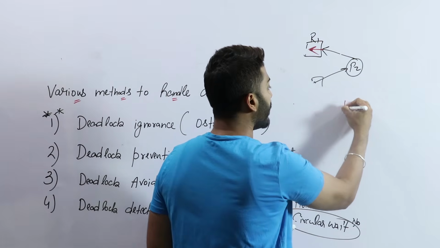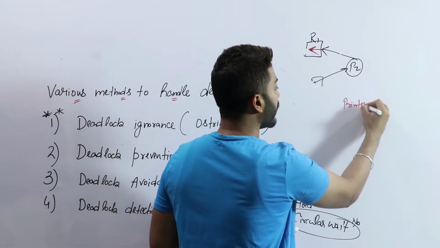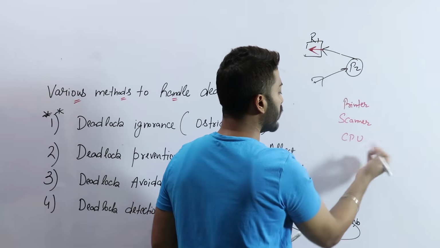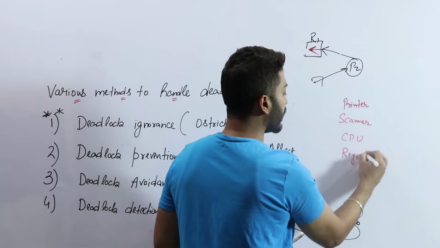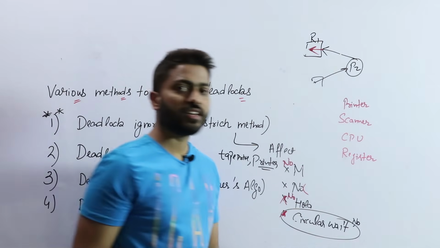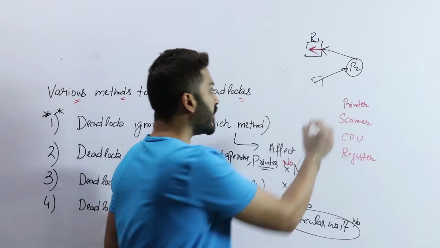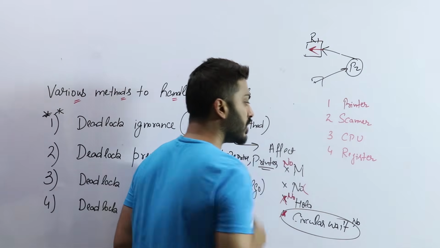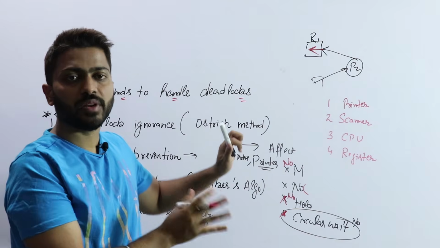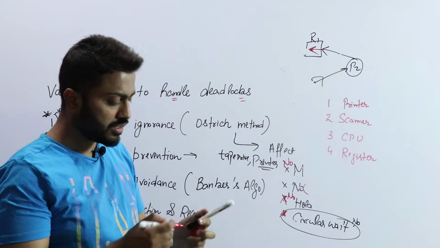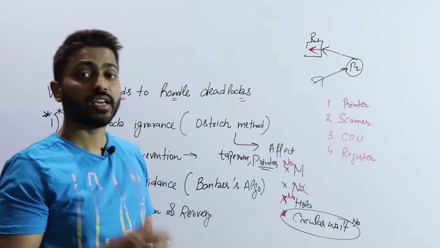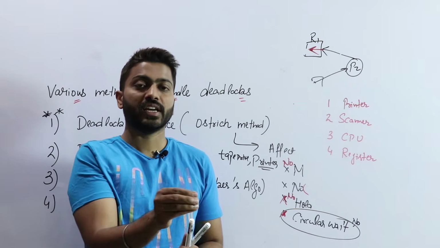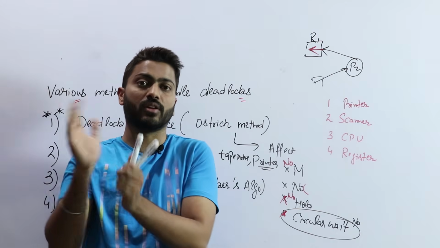Let's say I have printer, scanner, CPU, register, various resources. We are giving the numbering. Simple, just give the numbering to all the resources. And the condition is that whenever a process is requesting a resource, it will request in increasing order.